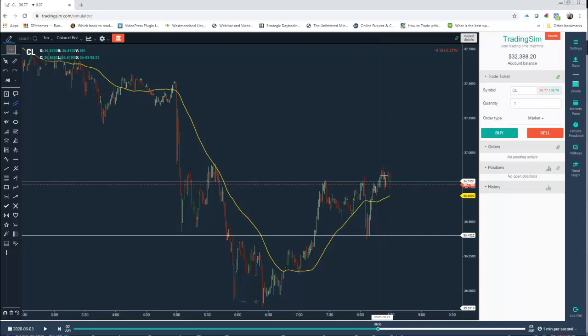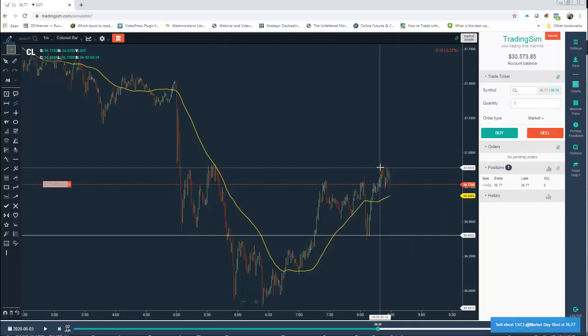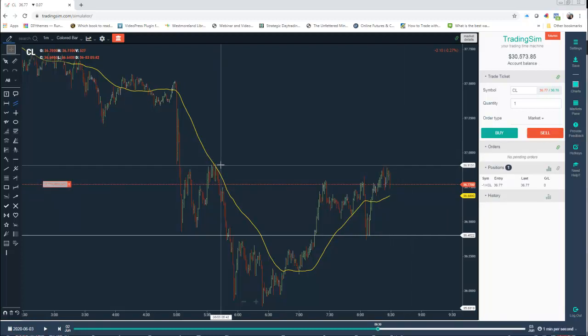It was barely able to get above here. This looks like it's weak at this point in time. So I want to sell into here right now, and I want to cover if it gets above this level right here. So let's put a little trend line on right there. So that's our opening trade. Let's go ahead and move forward.